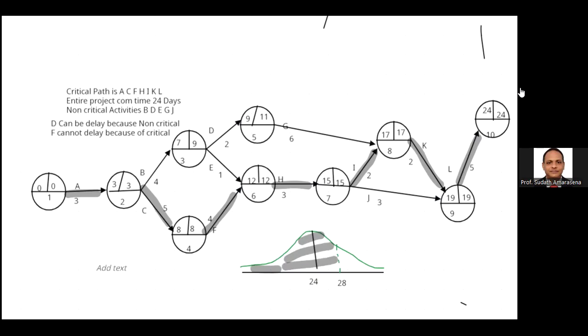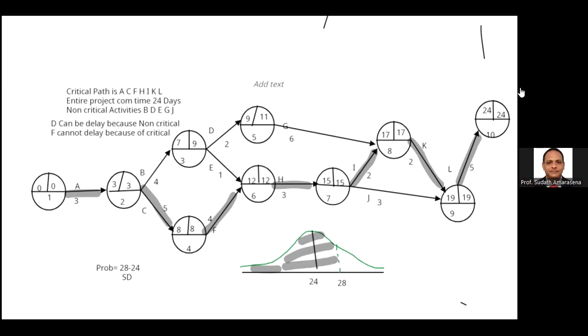To calculate it, remember we need the variance of the critical activities: A, C, F, H, I, K, L. Get the total variance.